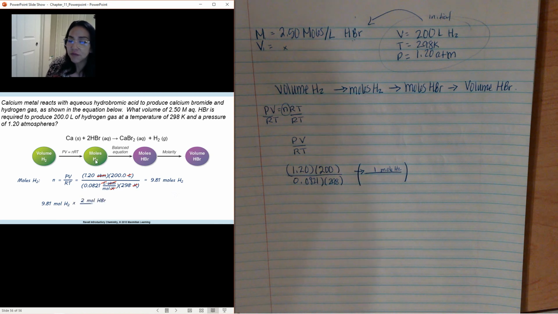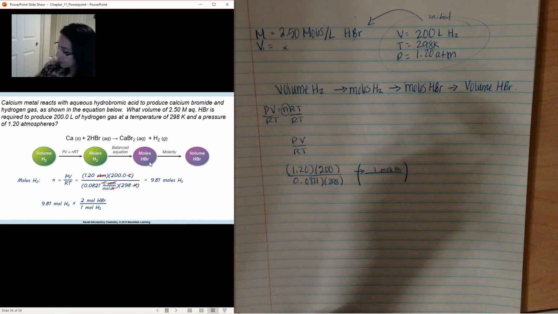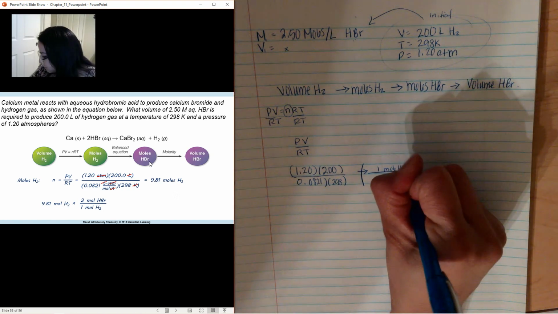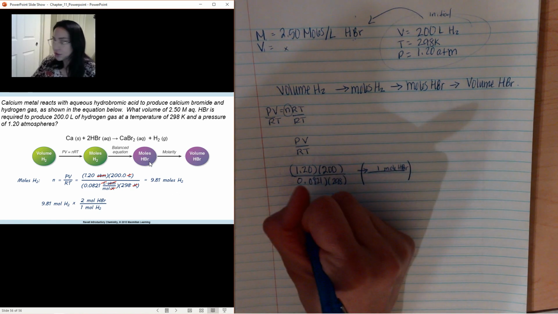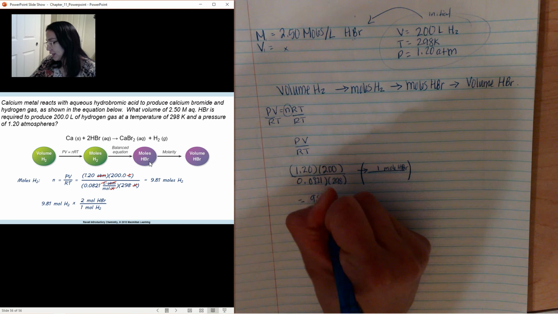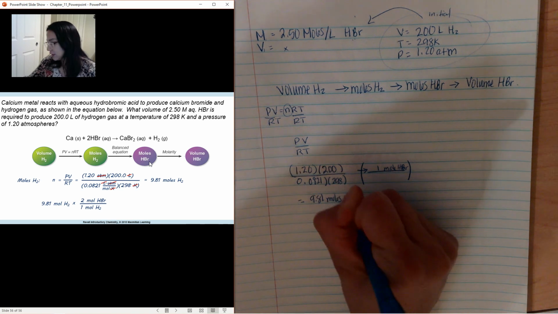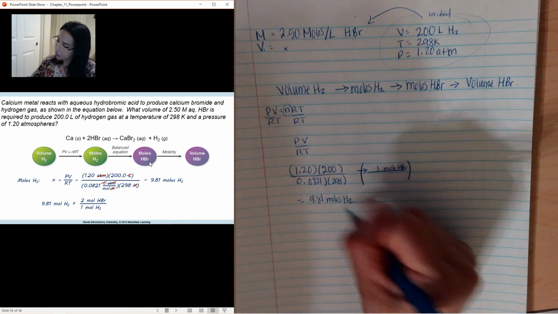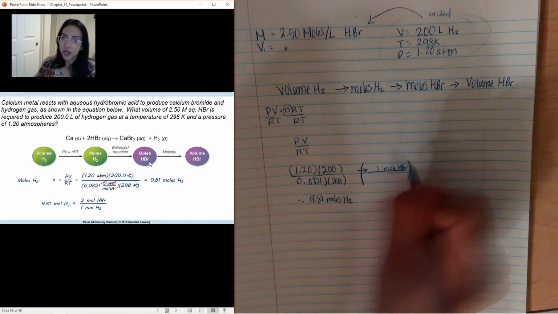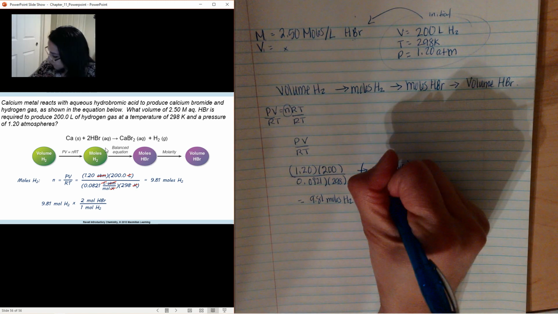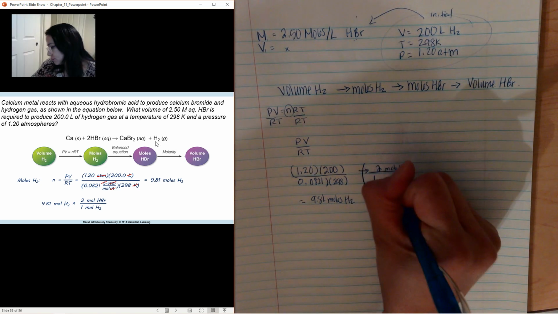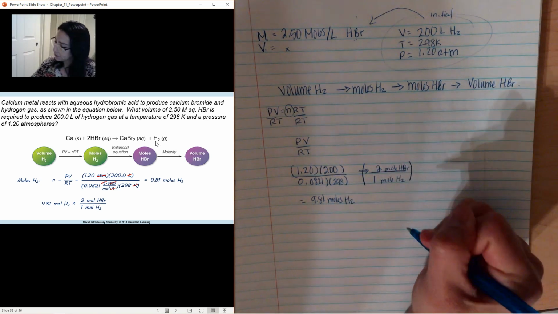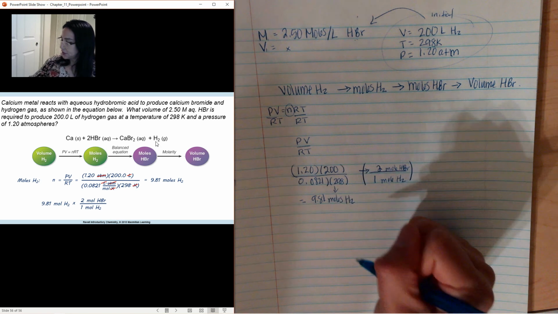And I want to get rid of my moles of H2 using the balanced chemical equation to get moles of HBr. So the moles of H2 calculated was 9.81 moles of hydrogen. I could take my moles of hydrogen using the balanced chemical equation: HBr, we have 2 moles of that, and hydrogen, we have 1 mole of hydrogen gas.